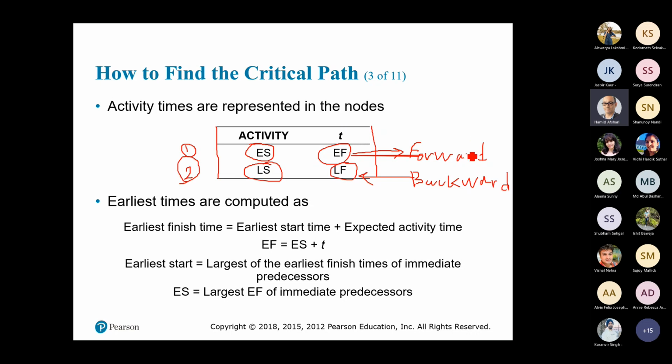In forward calculation, we start with everything that has the word E: earliest start and earliest finish. Earliest finish time is equal to earliest start time plus the expected activity time.